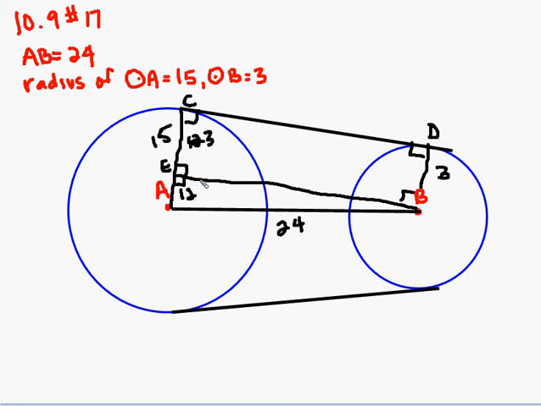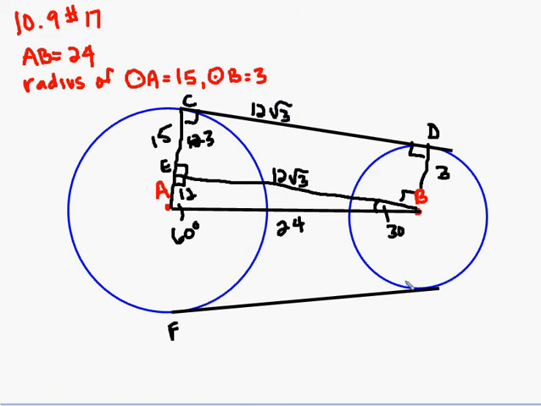I should notice that it's going to be a 30-60-90 triangle, where this angle ABE is 30 degrees, and angle BAE is going to be 60 degrees. And so I know that the length of EB is going to be 12 root 3, and that CD is 12 root 3.